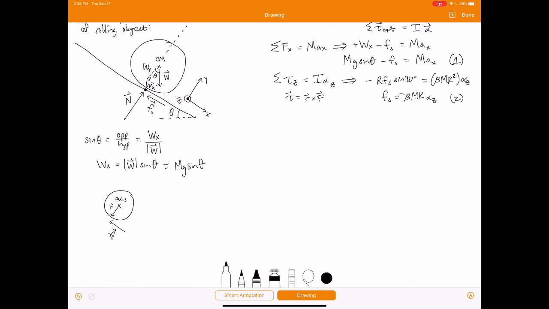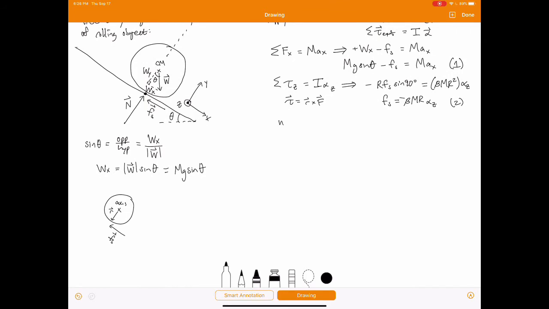Okay, the next thing we'll do is apply the no-slip condition. This object is rolling without slipping, meaning the magnitude of the acceleration of the center of mass is equal to the angular acceleration times the radius of the object. Now in this case, the object is accelerating down the ramp. So its acceleration in the x direction is something positive.